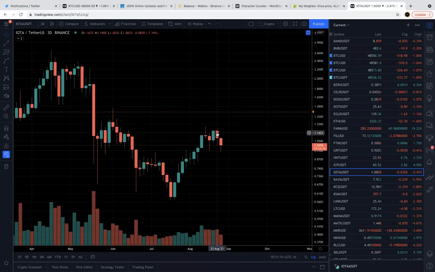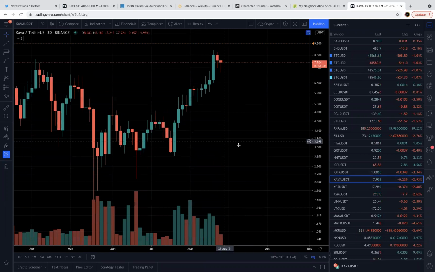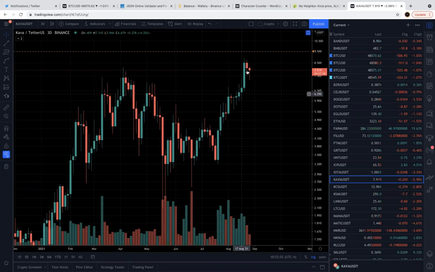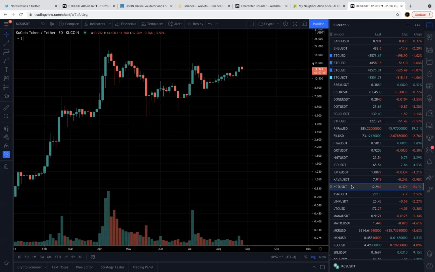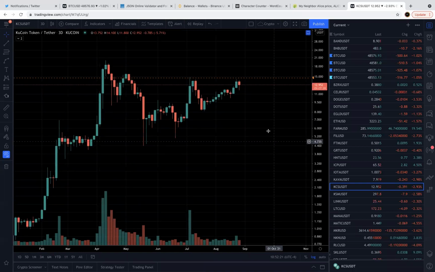IOTA is okay, nothing great about it at this moment. KAVA is good, sitting on new all-time high, which makes sense somehow. Again, this is like all-time high resistance plus BTC resistance, right? So it makes sense. KCS, see, this is like its interim resistance, so it is perfect.